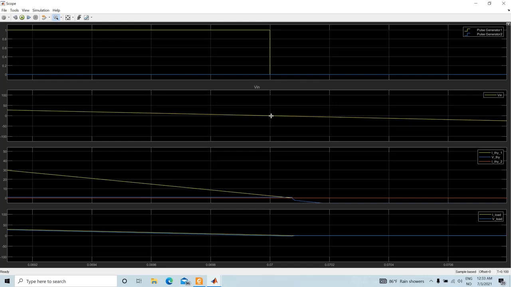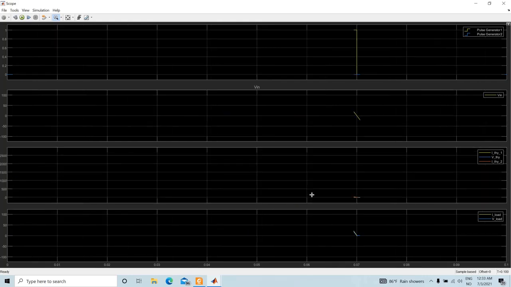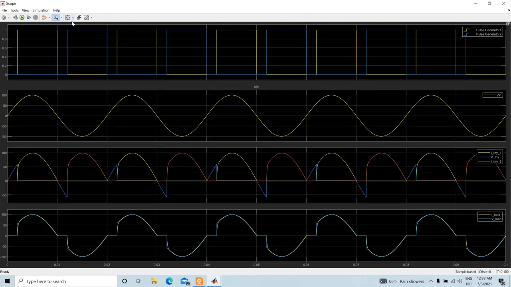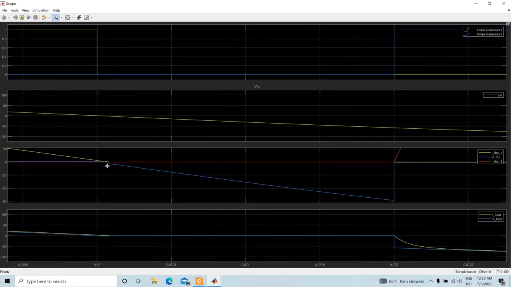It is a bit shifted towards the right, and as the current continues to flow, that means the thyristor is conducting. So at that time, as the thyristor is having a current, your thyristor voltage will be 0 for the moment when you have a thyristor current.